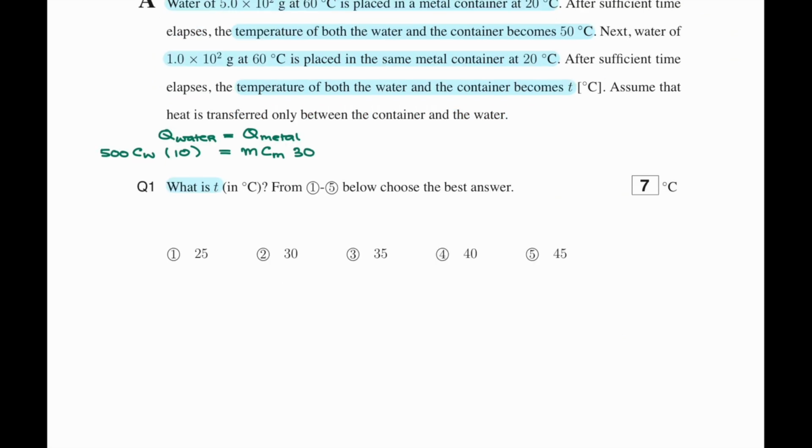If you see from this equation, I can cancel out 0 here, 0 here and here, then m times Cm is equal to 500 over 3 Cw.